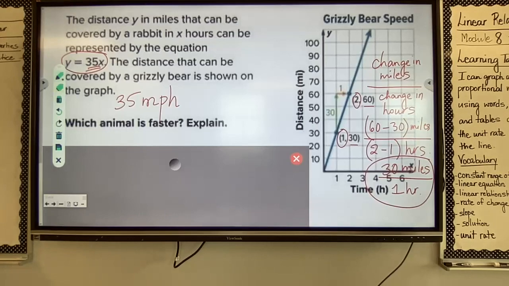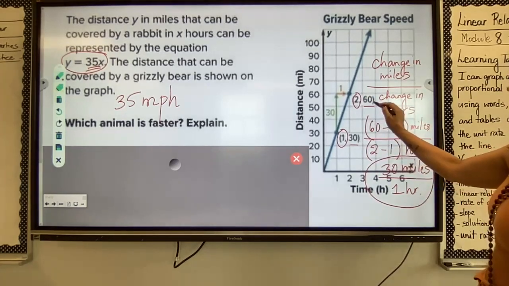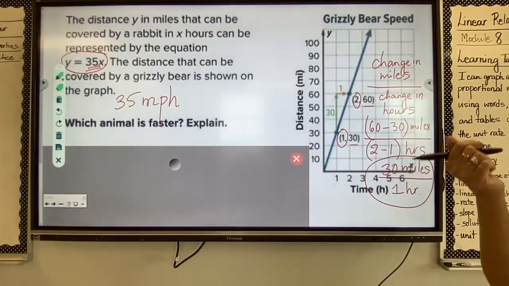So we are going to use the constant ratio, write the ratio distance over time in simplest form for several points on the line. You can do 1 and 30, 2 and 60. Anyway, the distance over time is going to give me 30 over 1. So if you do 60 over 2, it is 30 over 1. This again is the unit rate, 60 divided by 2 gives me 30 over 1.